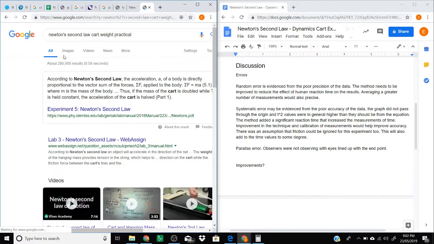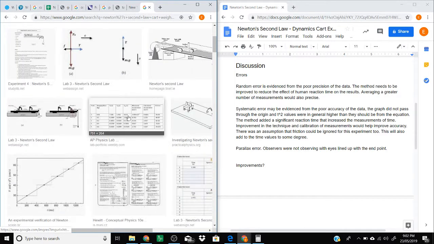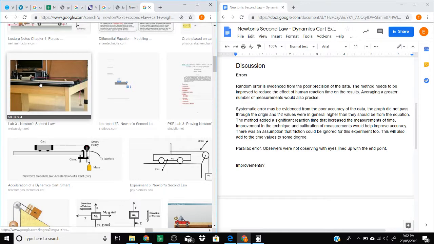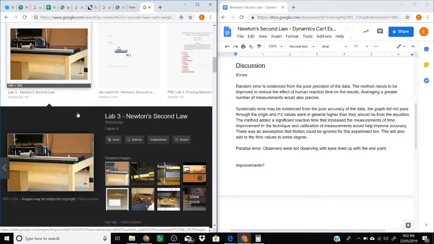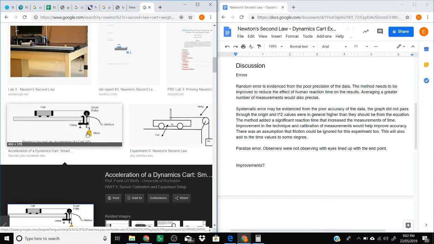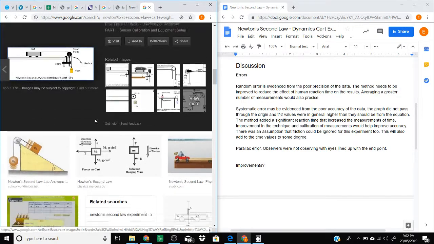Okay. So let's have a look at some images and see other ways to set it up. Now, you've got some images. They're talking about smart pulley, clamp, cart. Okay, looks like this. There's a couple of ways you can improve upon this.